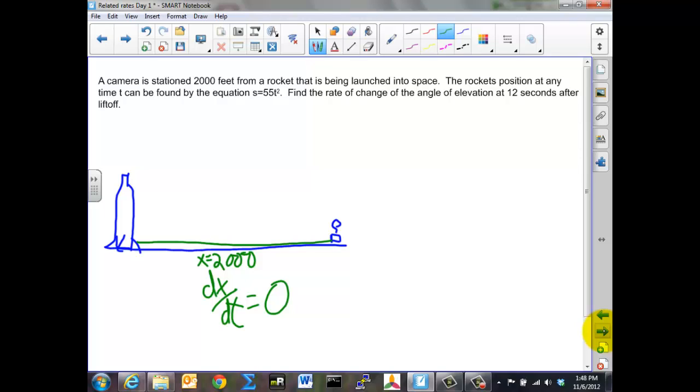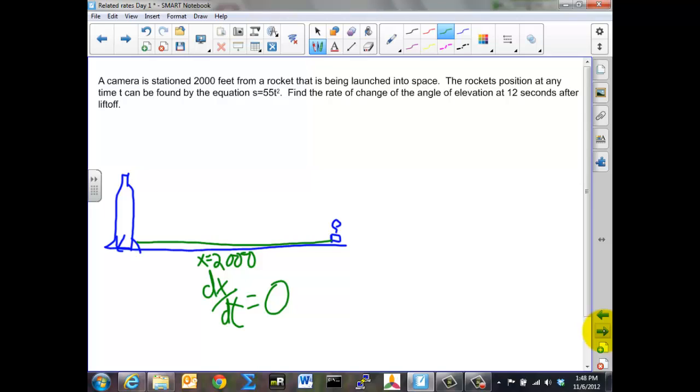What's not moving? The rocket, okay? The rocket's not moving, but more importantly, the camera's not moving, is it? No. This distance is measuring from where the camera is to where the rocket is seated right now. Now, nowhere in here does it say the camera's moving.